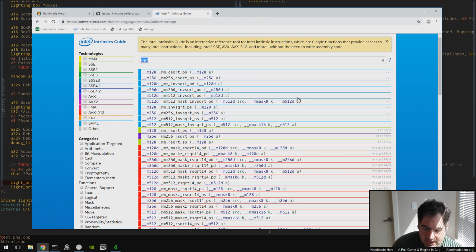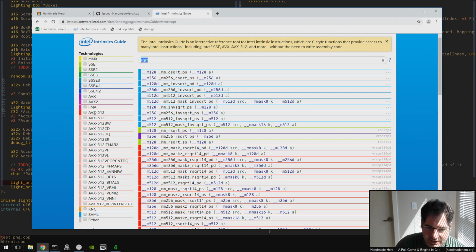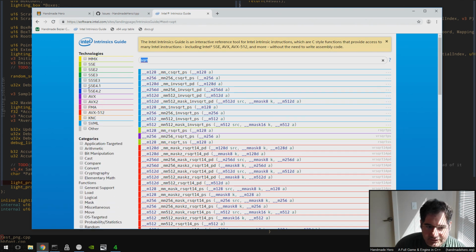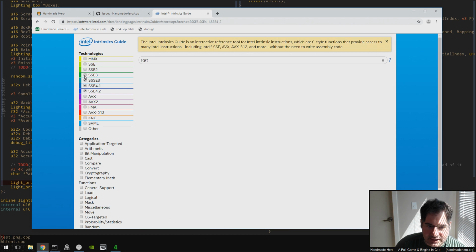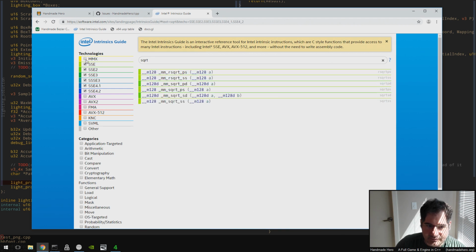But on here, what you end up with is when we look at the available square root operations, you can see there's quite a few different ones. Now, most people are not going to have AVX 512 yet, so we're not going to talk about things that are up in that range. Let's talk about just stuff that you know everybody who plays a game on a PC will have, right?